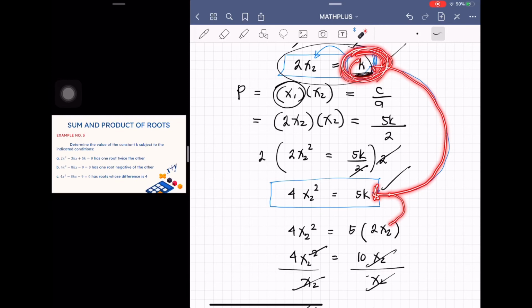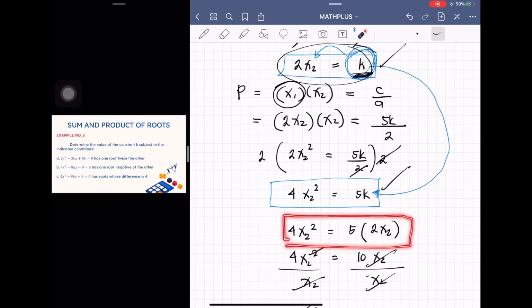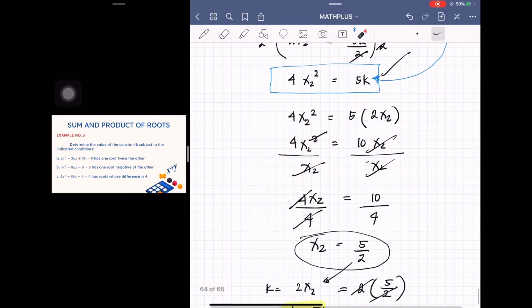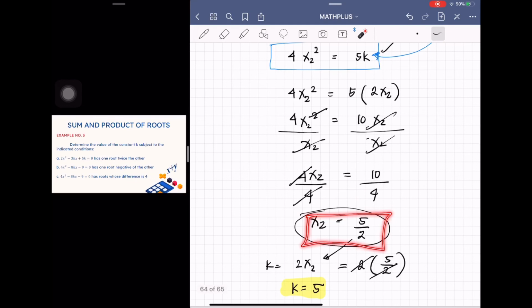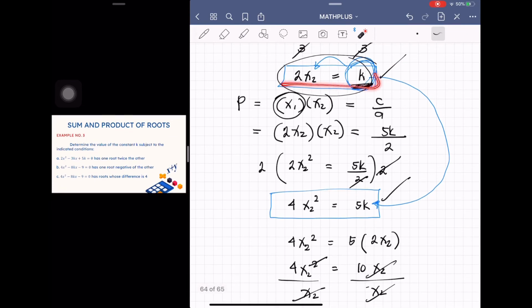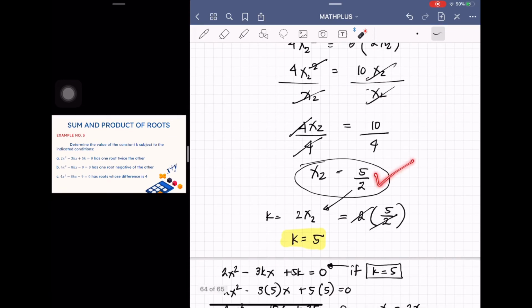Being able to substitute means being able to simplify the two equations into one so that you bear just one unknown. And in that case, you'll be able to solve one value, okay? After being able to solve for x sub 2, you use this value to substitute into any of the two equations that you used. If you substitute x sub 2, which is 5 halves, you'll be able to get that k will be equivalent to 5. And that gives you our answer.